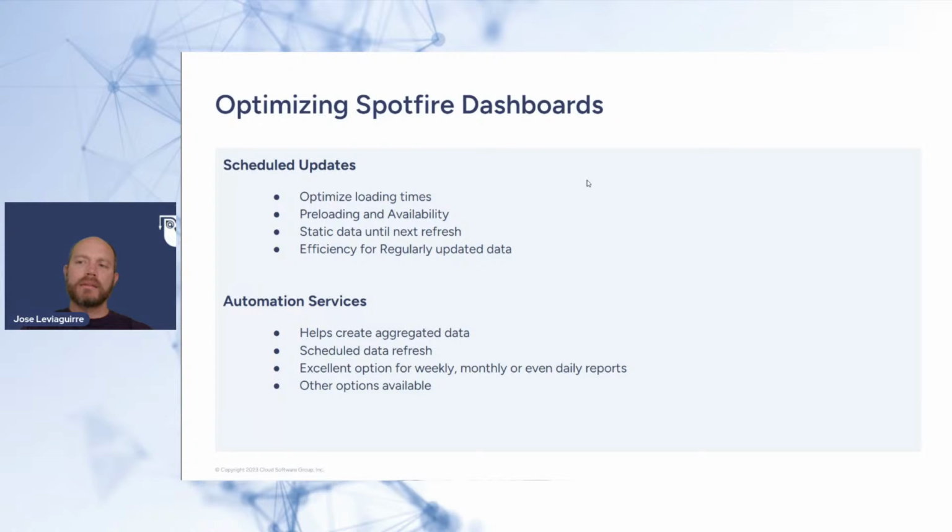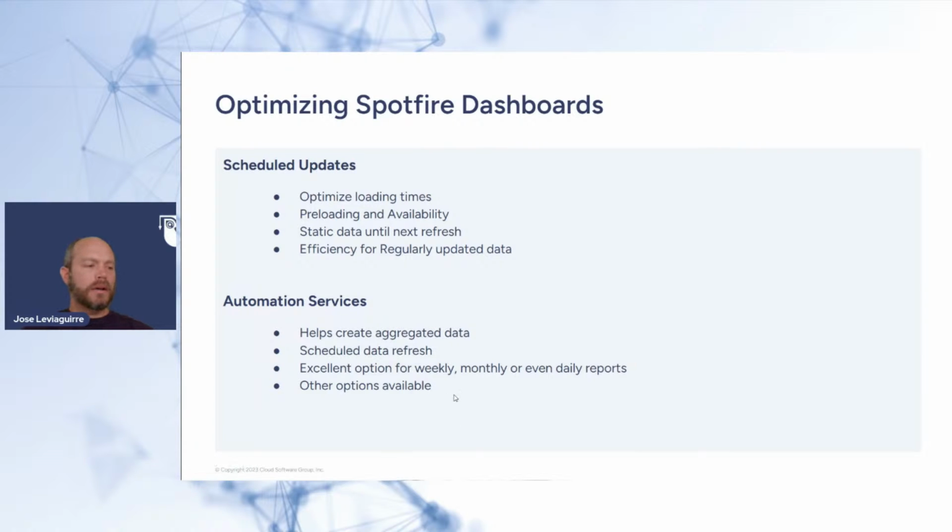You can also refresh that data on a regular basis, and the consumer from the web player is going to look at that version of the Spotfire, or even with the analytics, you can still use that, but it's going to be the pre-aggregated version. And that's going to improve the performance of the dashboard that you are trying to use on a mobile device.